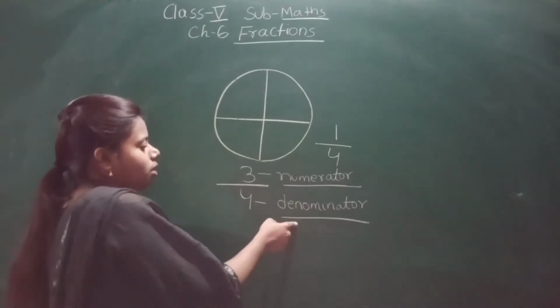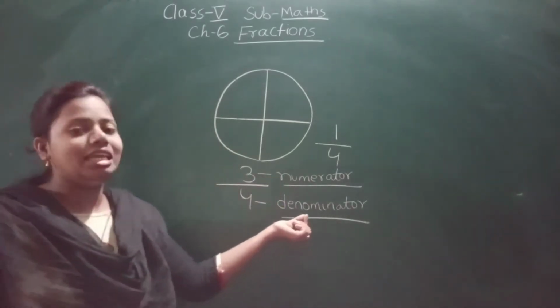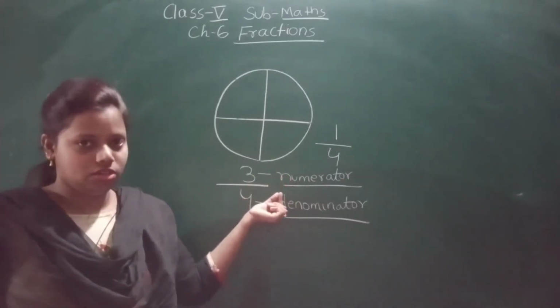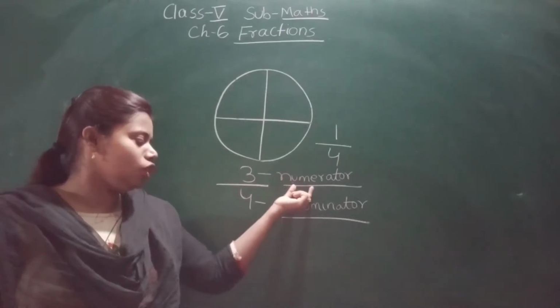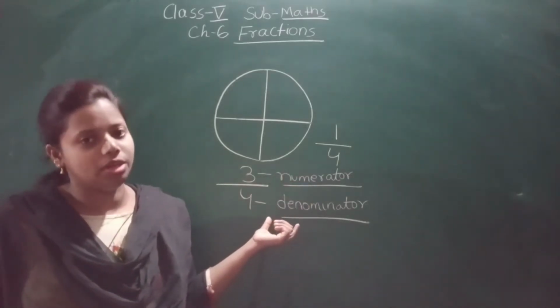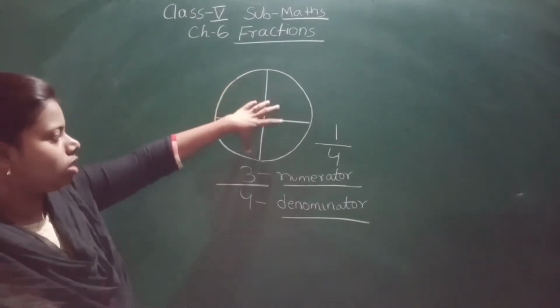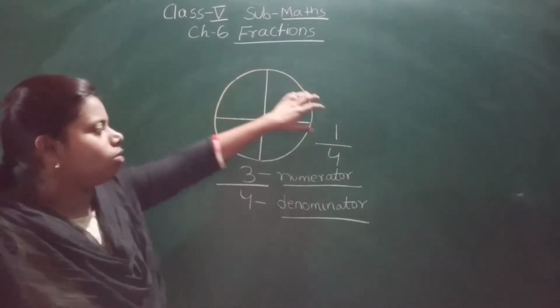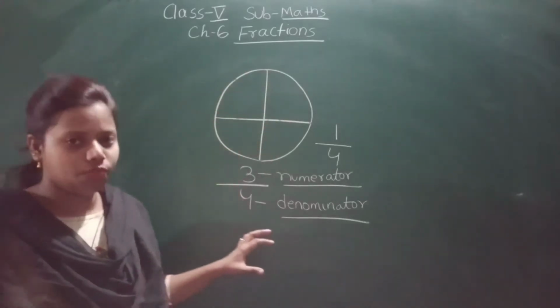This one is the denominator and this one is the numerator. Whatever number is on the top we say numerator, and the one below we say denominator. So if you eat one part, the total is 4, so we write 1 by 4. If you eat 3 parts, 1, 2, 3, you write 3 by 4.